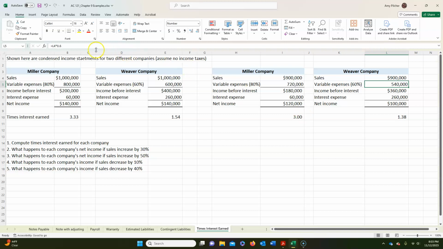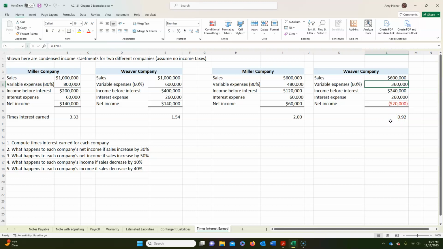And now what happens if their sales decrease by 40%? Instead of 0.9, let's take it times 0.6. I think Weaver Company might be in trouble then. Now Weaver Company has negative net income and their times interest earned is less than 1.